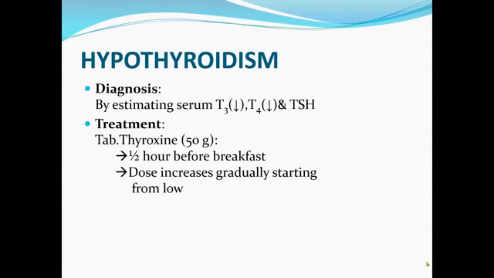T3 and T4 are thyroid hormones, but TSH is not a thyroid hormone. It is secreted by the anterior pituitary gland. You should know that; it is very important for viva questions.